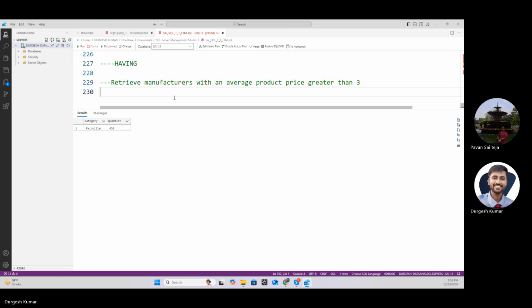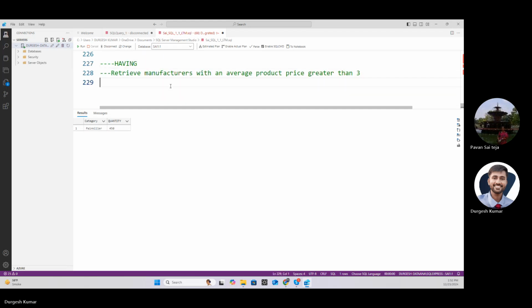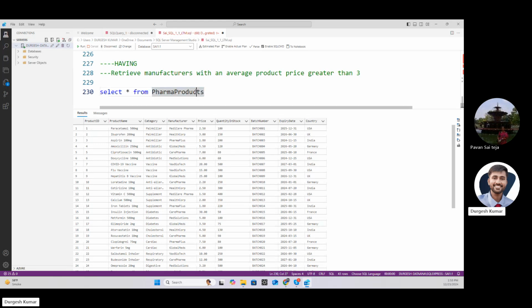Read this question. Retrieve manufacturers with an average product price greater than 3. Please help me on this.